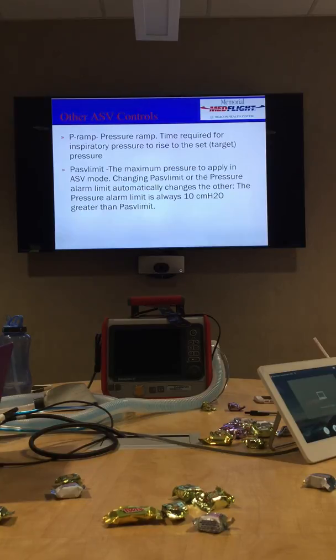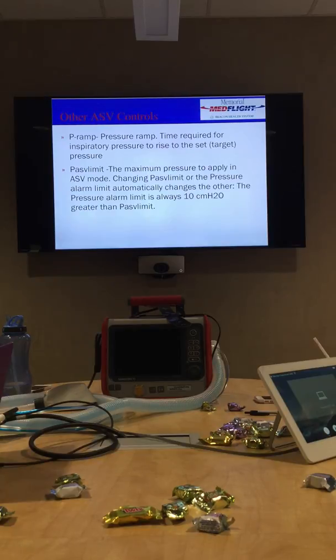And then PASV limit, it's the maximum pressure to apply in ASV mode. So we talked about how this vent looks at your pressures to give you your tidal volumes. This is when we're hearing the LTV alarm, high pressure, high pressure, because our patient's pressuring at 30 and our alarm's set at 30.